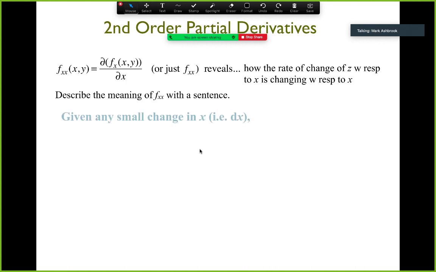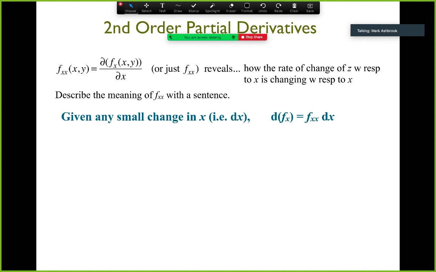So for instance, understanding the second partial with respect to x means, given any small change in x, what's going to be true? Now we're asking about how much the first partial derivative changes, not how much z changes, and that's going to be the second derivative times as much as dx. This is exactly the same thing we did before, but up one level, right?